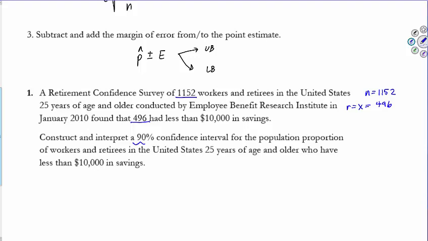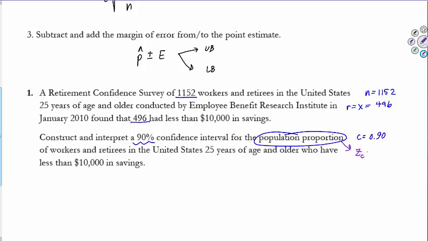We'd like to make a 90% confidence interval, so the confidence level is 0.90 for the population proportion of workers and retirees in the United States that have less than 10,000 in savings.